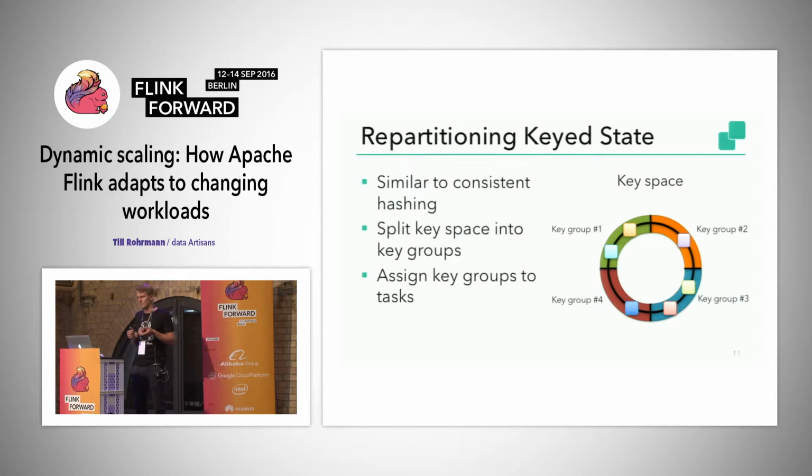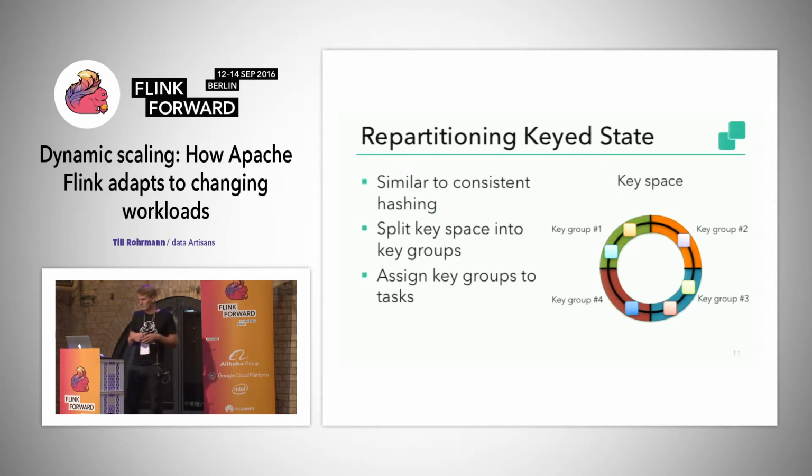And now when we execute a program with keyed state, we assign each subtask a range of key groups for which it is responsible. And all elements with a key falling into one of the key groups of this subtask are going to be routed to this subtask, which processes the element.